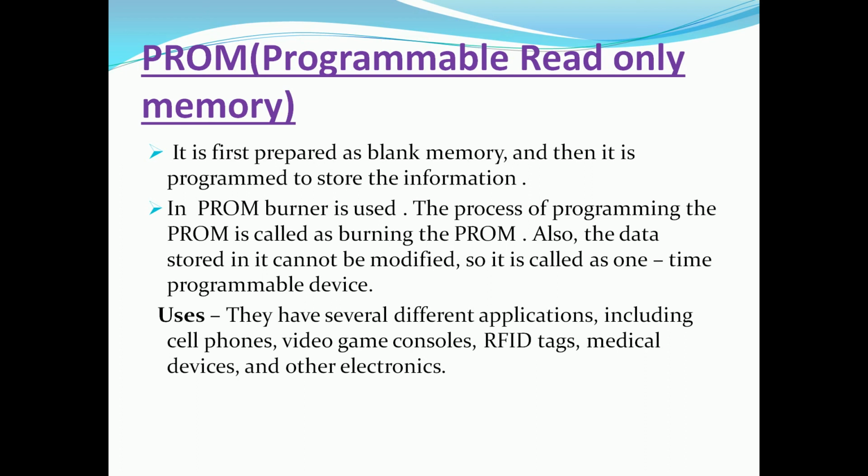The process of programming the PROM is called burning the PROM. Also, the data stored in it cannot be modified, so it is called a one-time programmable device. So we can use PROM for one time only. PROM is used in cell phones, video game consoles, RFID tags, medical devices and other electronic devices.